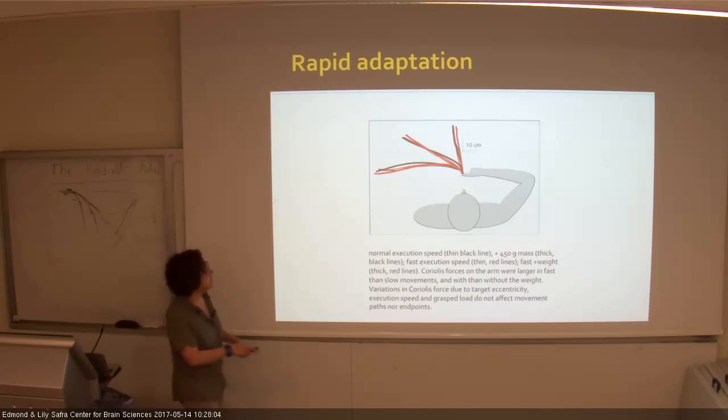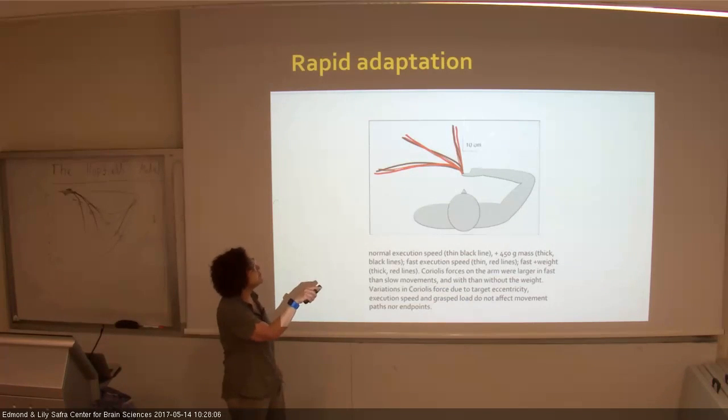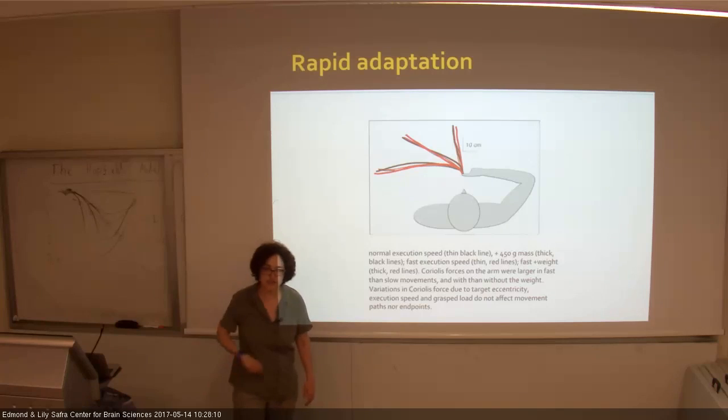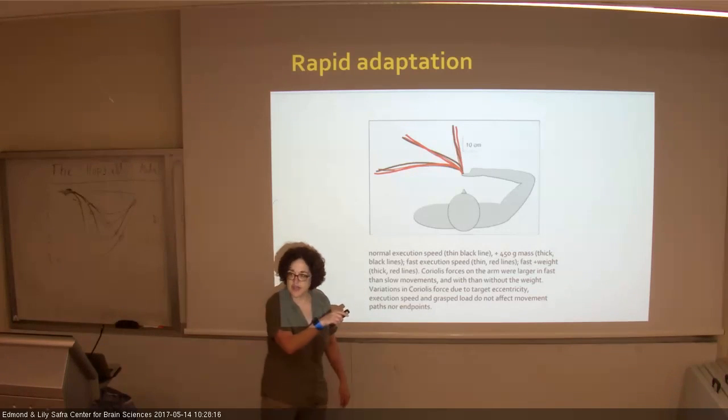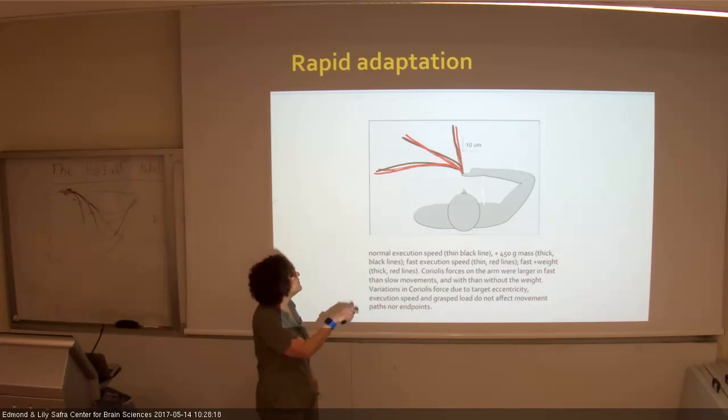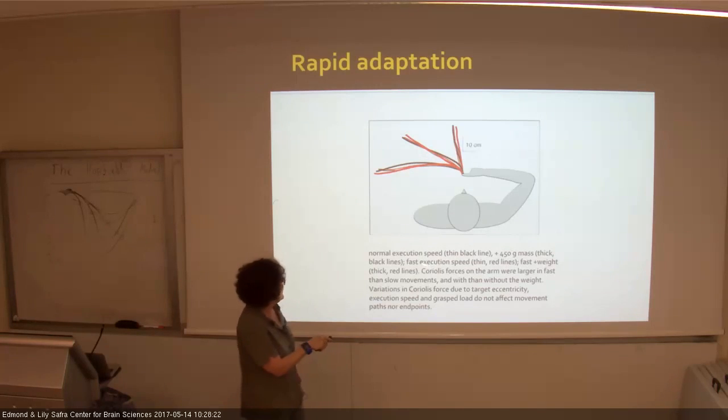Also, if I ask you to make these reaching movements in a room that rotates, so there are some Coriolis forces on the arm, still, very fast, you will adapt and generate the same pointing movement. This is, again, during normal conditions, the thin black line.